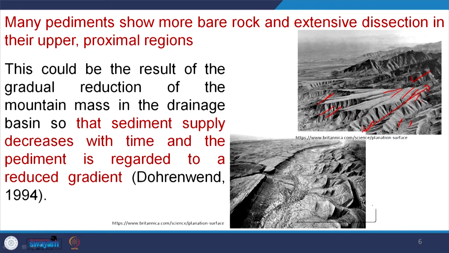This could be the result of gradual reduction of this mountain mass in the drainage basin, so that sediment supply decreases with time and the pediment is regraded to a reduced gradient. This is the main reason for this type of dissection in the proximal and distal part.